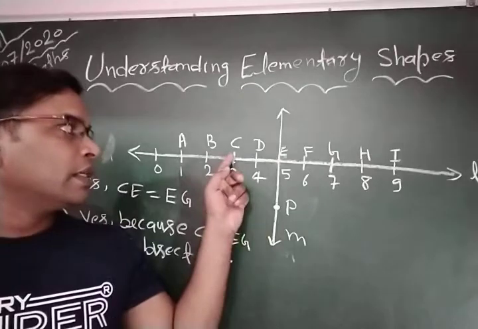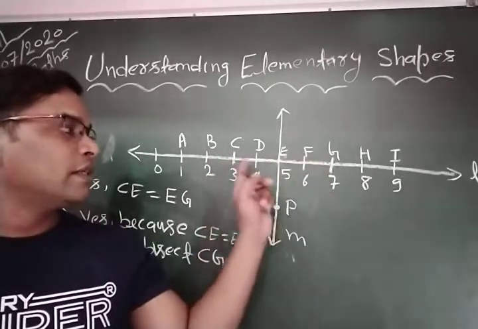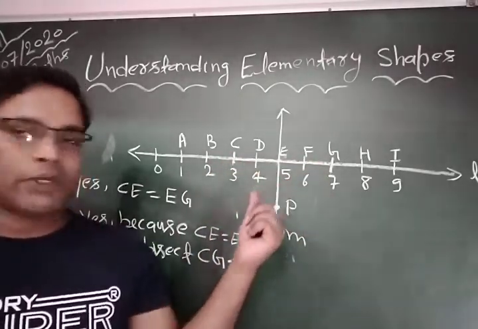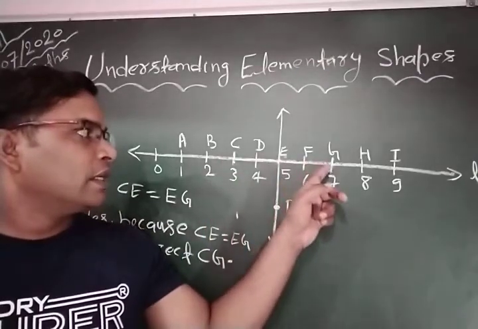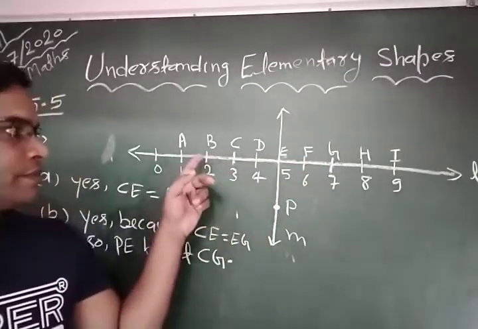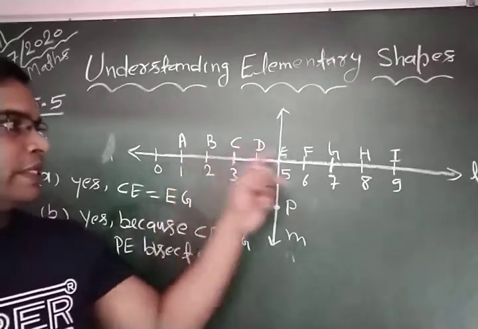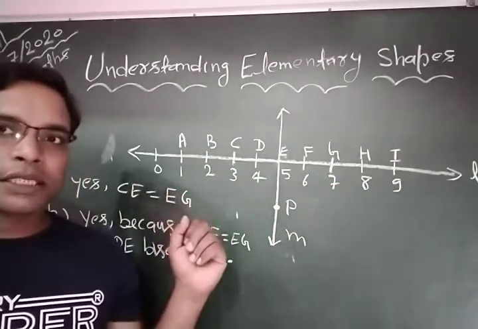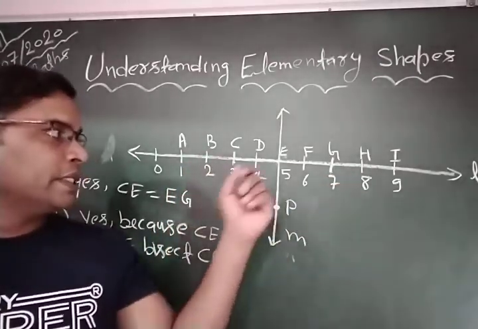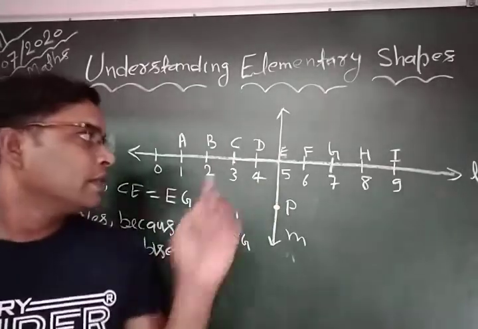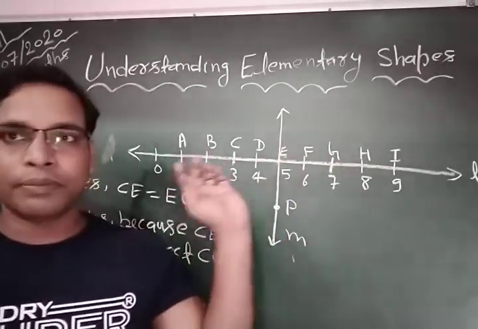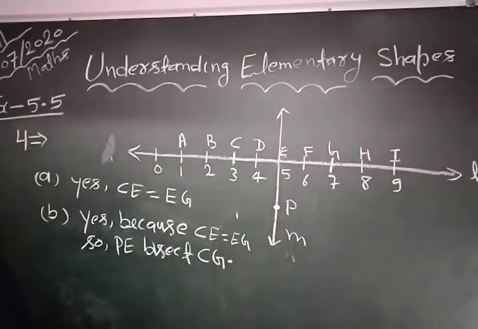You can say line segment CG. P is the perpendicular bisector of line segment CG. You can say BH. Line PE is the perpendicular bisector of line segment BH.